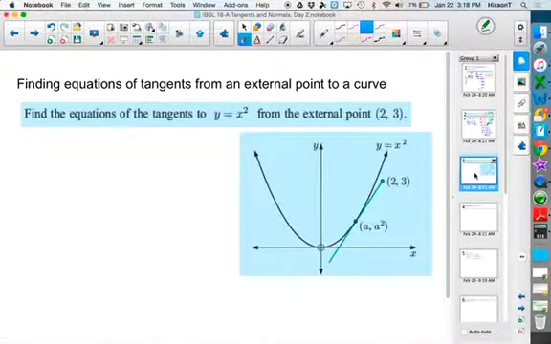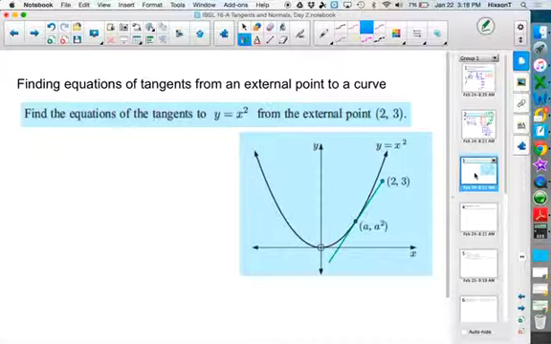All right. So for our third application, I want to look at how to get a tangent line when we don't know what the point of tangency is. We just have this external point. And believe it or not, this is kind of what we were talking about.